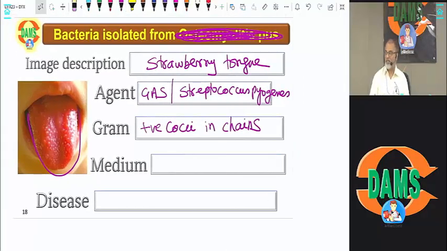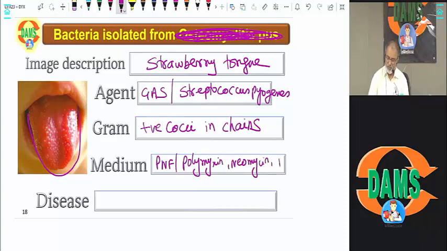PNF medium. PNF: Polymyxin, neomycin, fusidic acid medium.